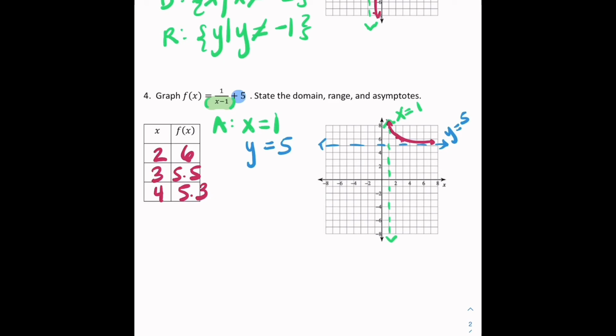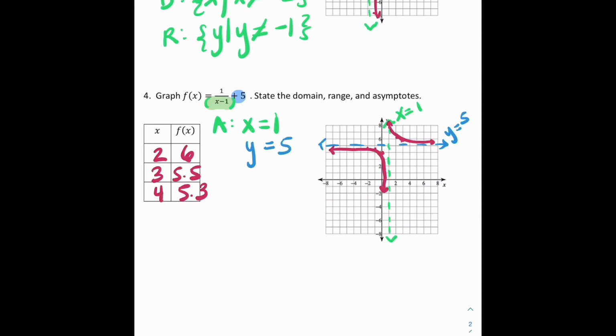So let's do so. 0, 4, negative 1, 4.5, and negative 2, 4.67. It's getting super close. And draw the other side of your branch.